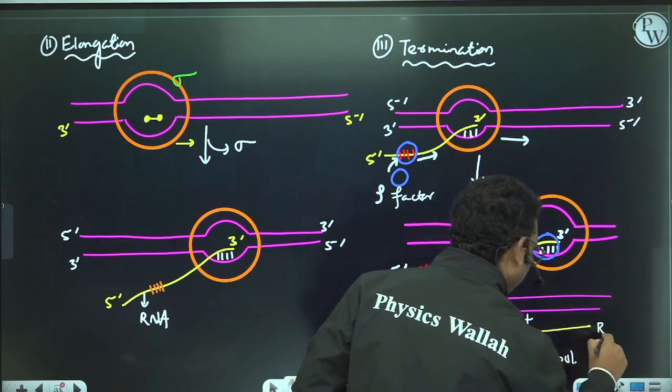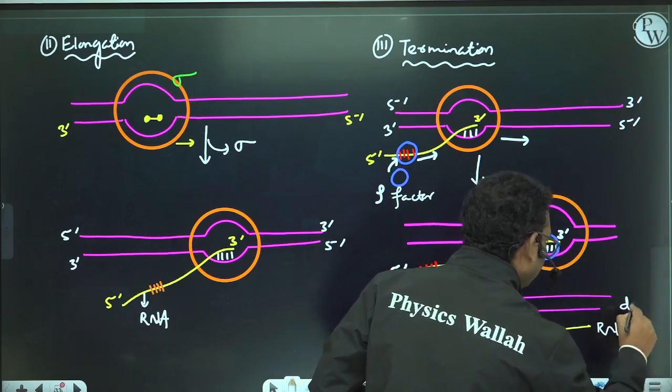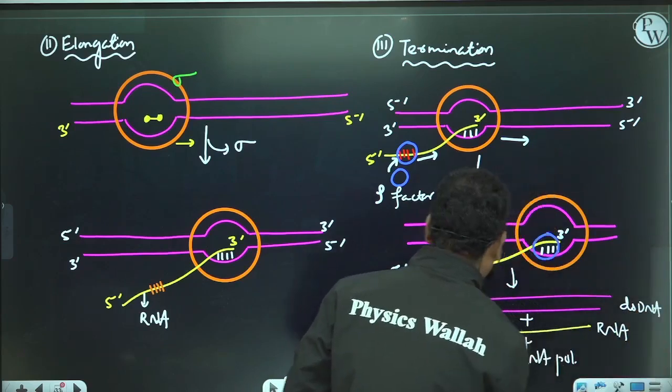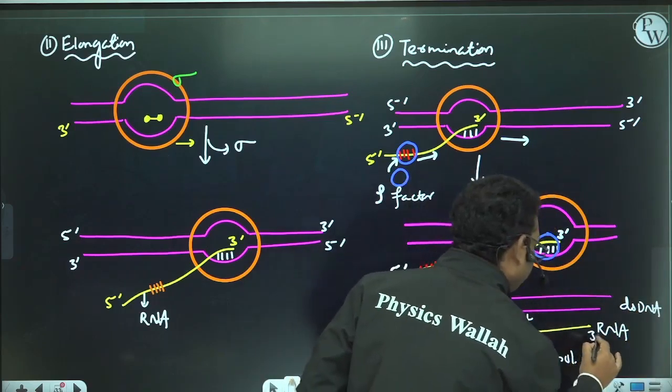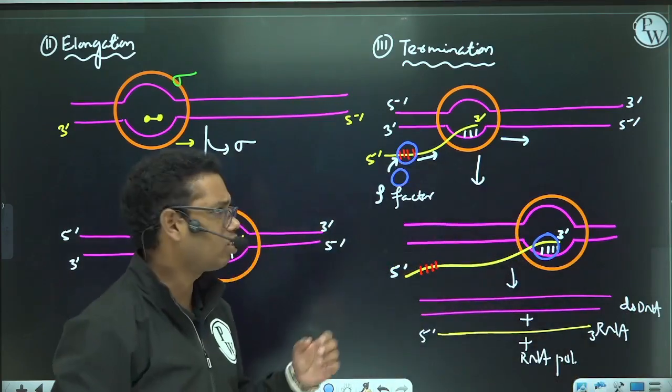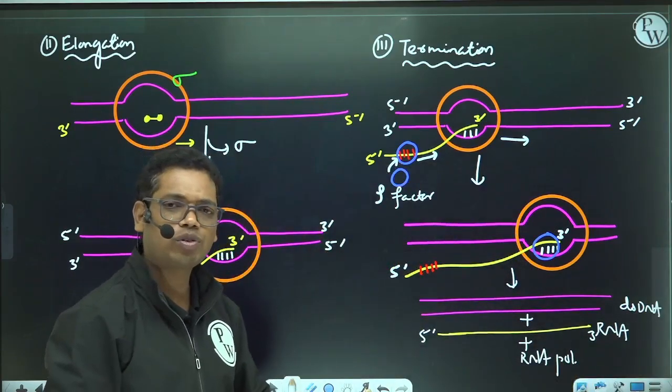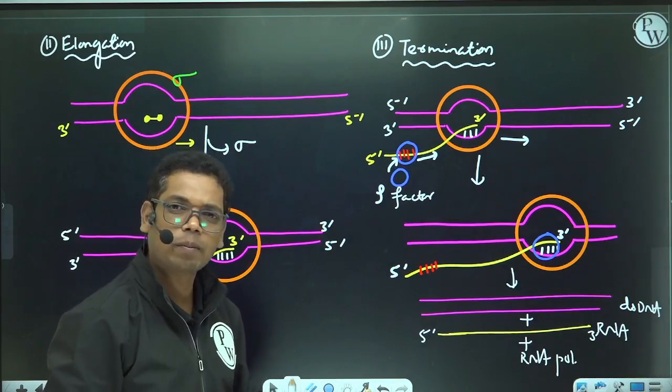This is the 5' end and this is the 3' end. So this is the mechanism of the entire process of transcription. Clear?